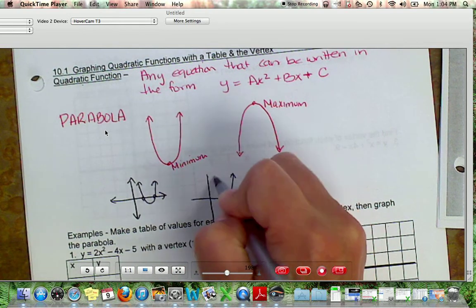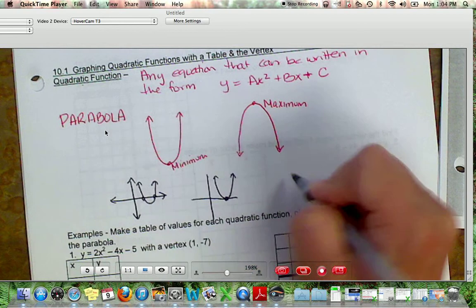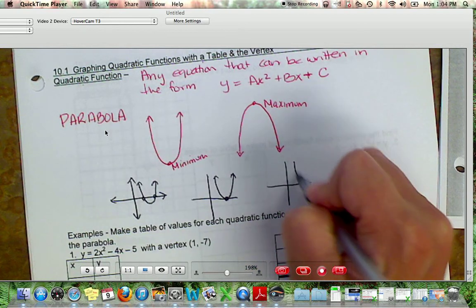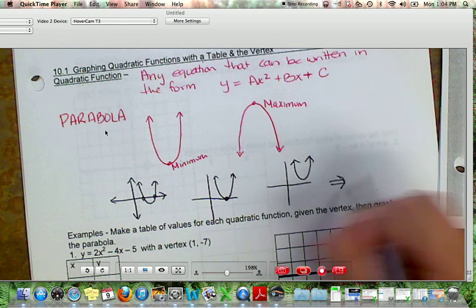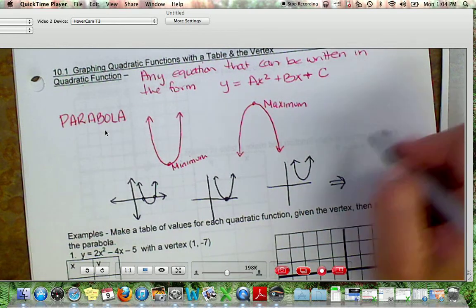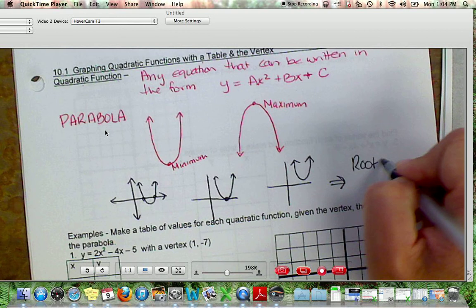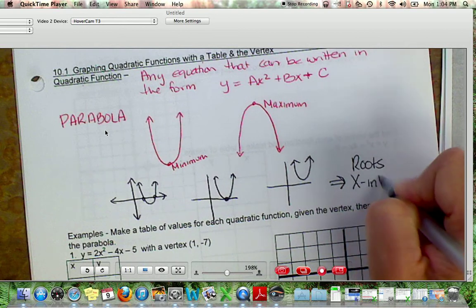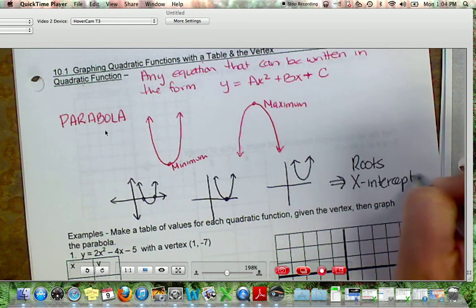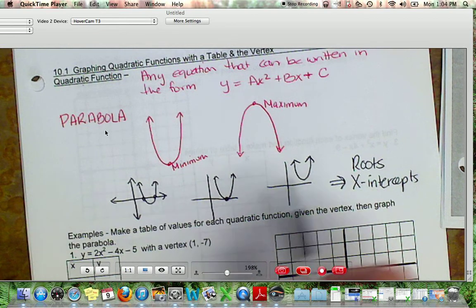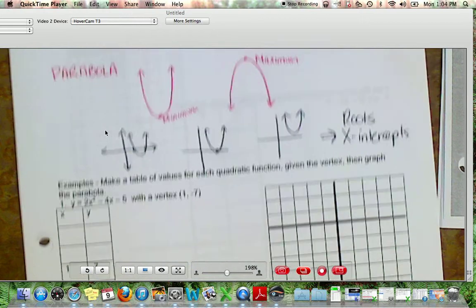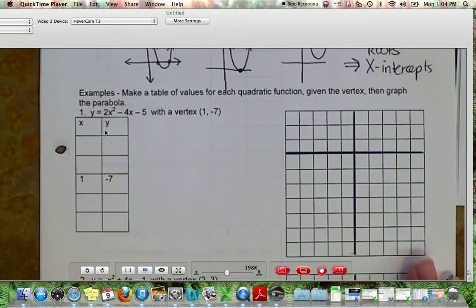Sometimes it will just touch in one place, and sometimes it won't touch at all. This will be a large chunk of this chapter, finding the roots or x-intercepts of these parabolas. So this one has two roots, one root, or no roots, and it all depends on each of the individual equations.